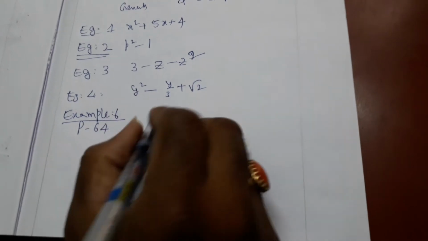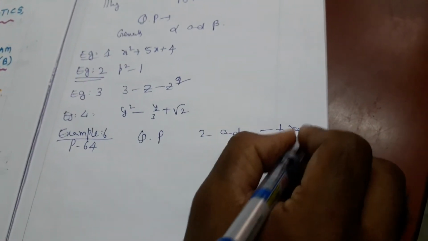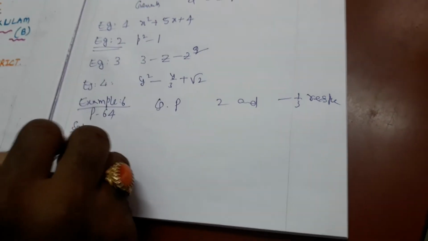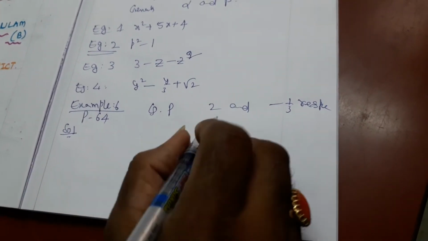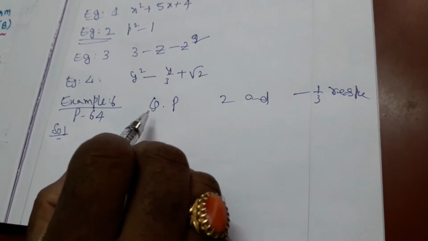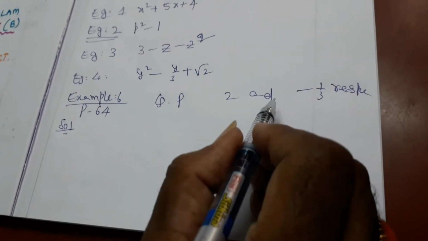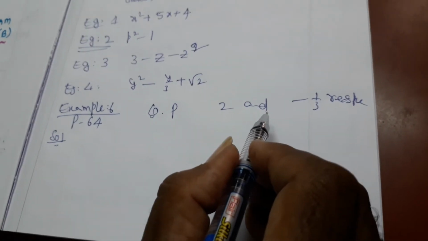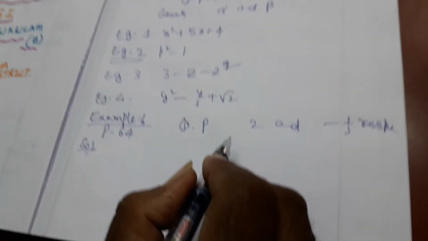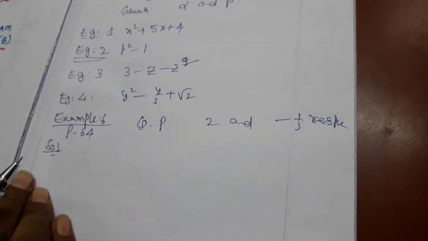Find a quadratic polynomial if the zeros of it are 2 and minus 1 by 3 respectively. This is the problem. Given by the problem, 2 is the first zero of this quadratic polynomial, and minus 1 by 3 is the second zero. Now we have to find that quadratic polynomial.